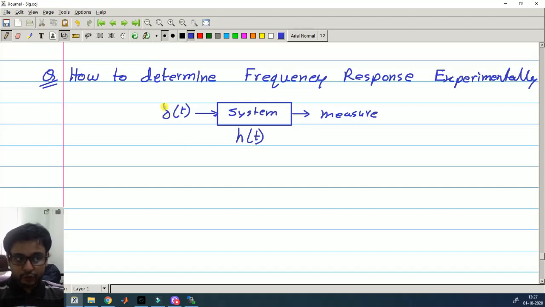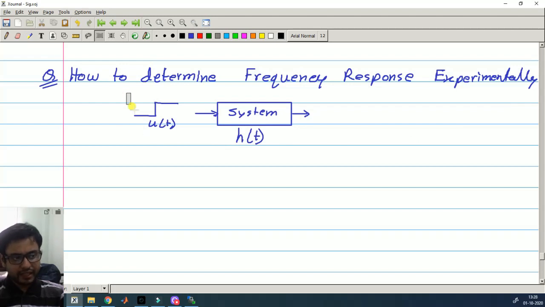However, ideally we cannot produce a delta(t) impulse signal. Therefore, alternatively, you give u(t) as the input and then measure the output y(t) and then calculate the time derivative of this output. That will be the same as h(t). We studied this before.